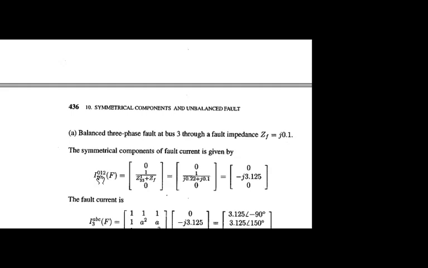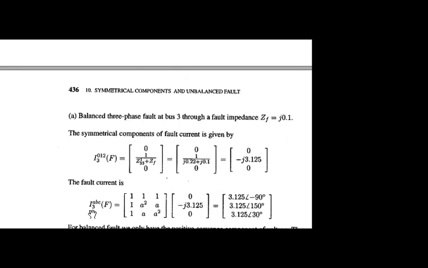It is in terms of the 0, 1, 2 domain. Whenever you make the calculation, you have the impedance in the 0, 1, 2 domain. That's why your current should also be in the 0, 1, 2 domain in the first step. But our target is to generate that fault current in the ABC domain. That's why you have to consider the A operator multiplication to convert from the 0, 1, 2 domain to the ABC domain. So the fault current is now in your hand in the ABC domain, and the fault bus is 3.